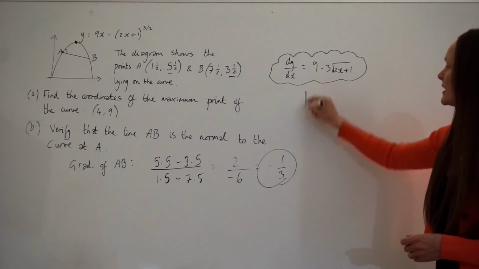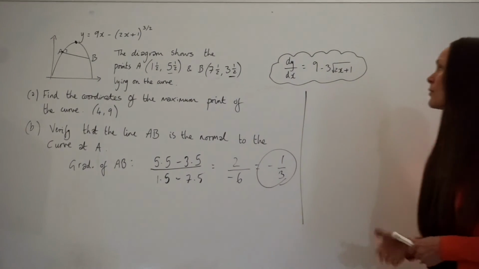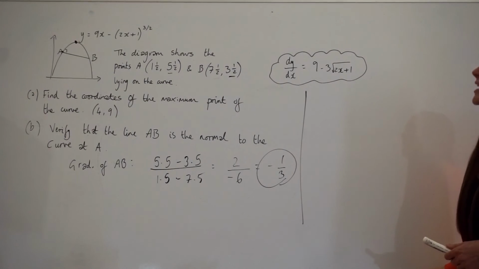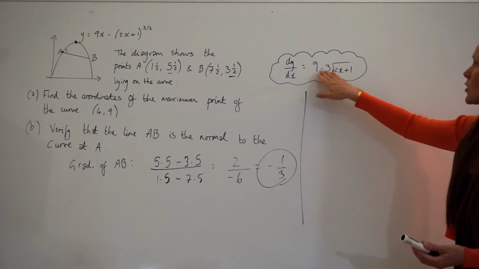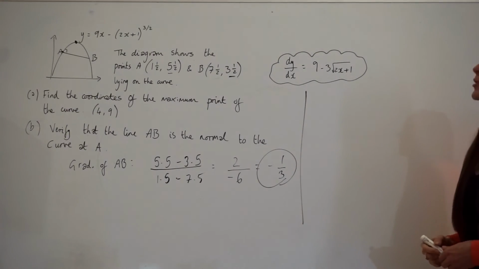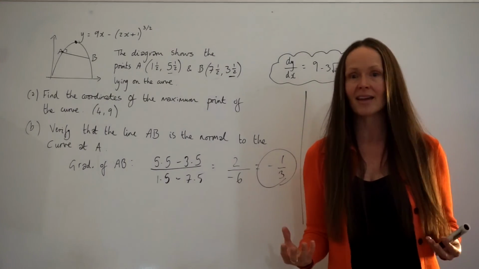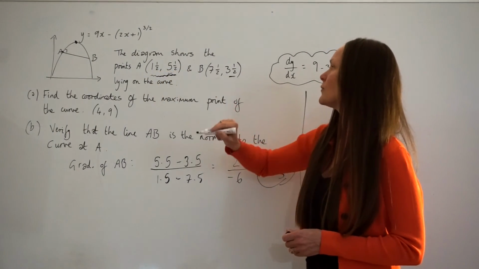So next I need to know the gradient of the curve at the point A. So remember in part A, we worked out an expression for dy by dx. That is the gradient of the curve at any point, except we do have a point now. Remember, this is at point A, and at point A, we have the coordinates here, (1.5, 5.5).